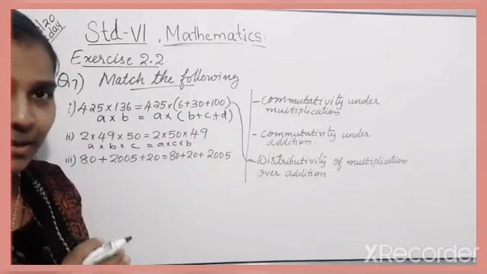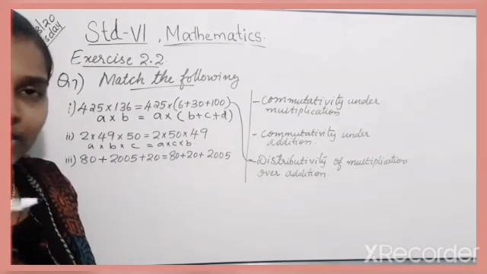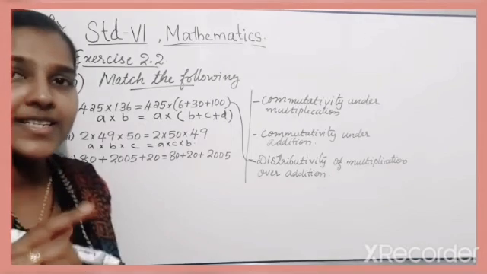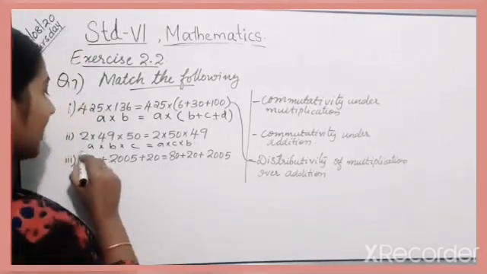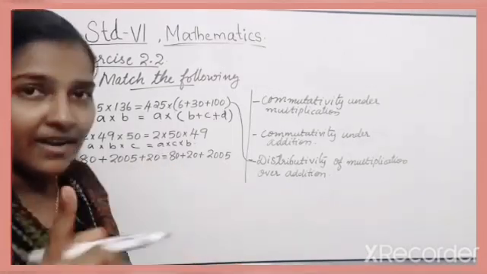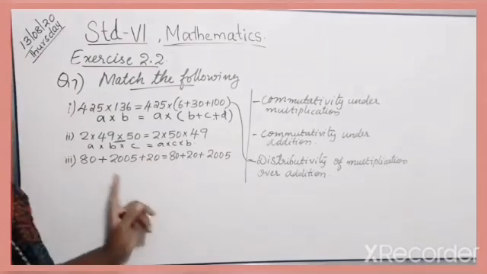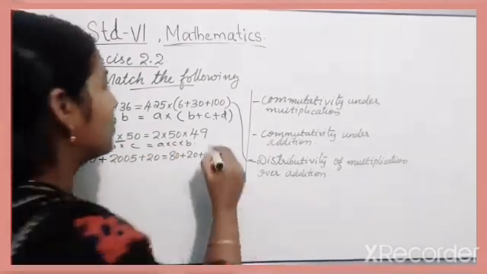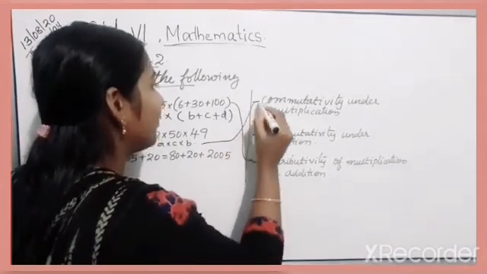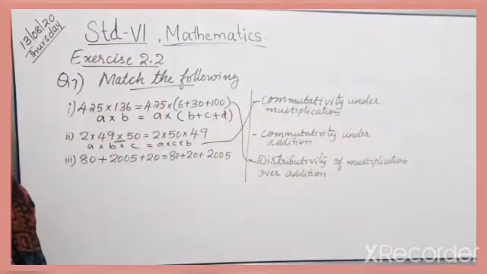Which property is that? Yes, that is the commutative property. It is commutativity under multiplication, because here it is multiplication. So you can match this to commutativity under multiplication.